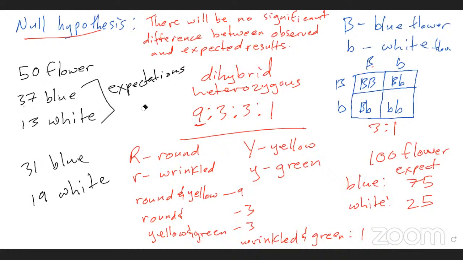All right, so this is how the phenotypic ratio will work for a dihybrid cross. Now, let's do it quickly. Let's say you have 375 pea plants. How much do you expect?